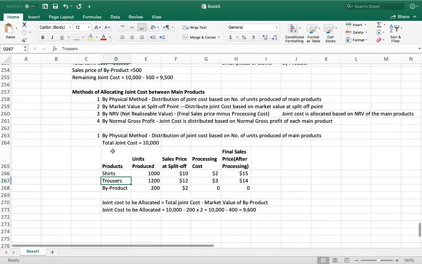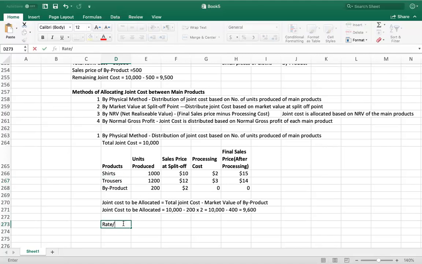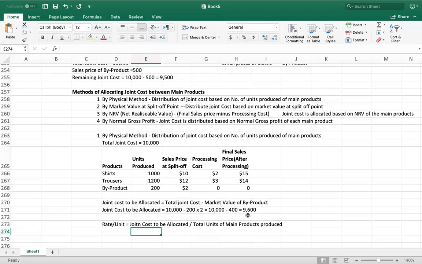How will we distribute? First method, the physical method. Physical method says that we distribute based on number of units produced. For this, first we calculate the rate per unit: joint cost to be allocated divided by total units of main products produced. So 9,600 divided by total units.